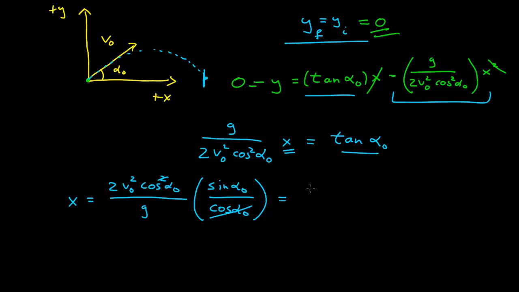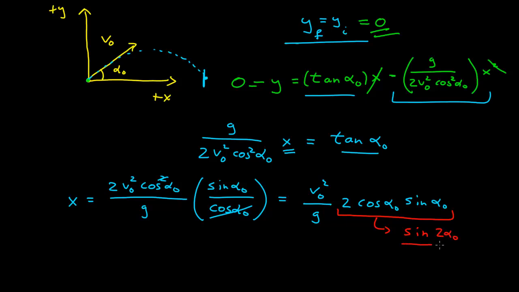And I'm going to rewrite this a little bit. It is initial speed squared over g times 2 cosine alpha naught sine alpha naught. And this, if we remember our trig identities, is equal to sine of 2 alpha naught.